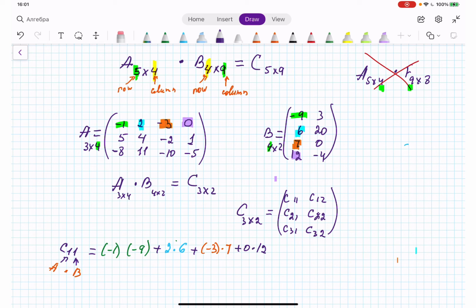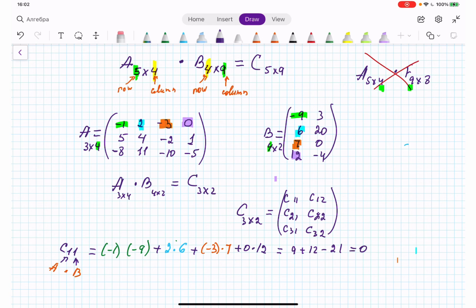And if you add all this, how much is it going to be? +9 plus 12 minus 21 and plus 0. So 12 minus 21, and 9 plus 12 minus 21, the answer is 0.